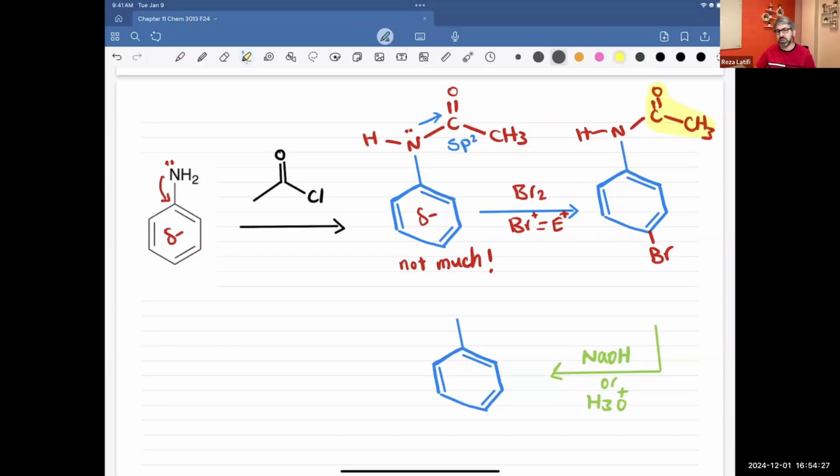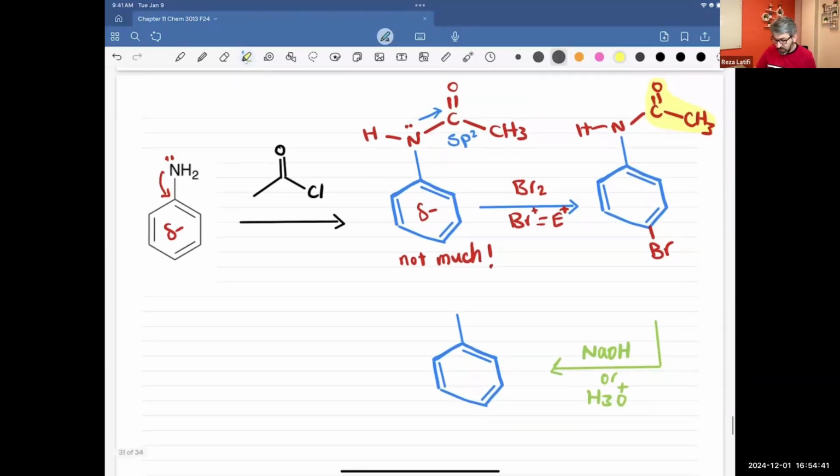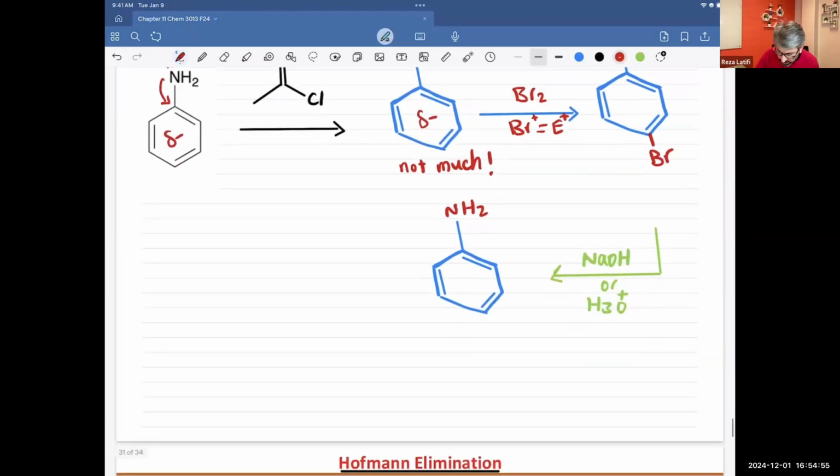But in order to release it, we need to use harsh conditions. We need to go with a strong basic solution or acidic solution, and neither method is friendly for the environment. But if you use acidic or basic conditions, the amide bond will very soon be broken, and it will turn to NH2. We get the amine back, and in the para position we have bromo.